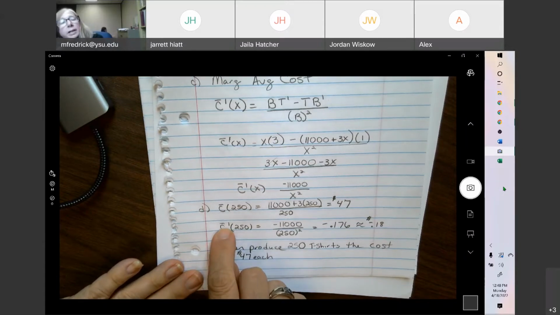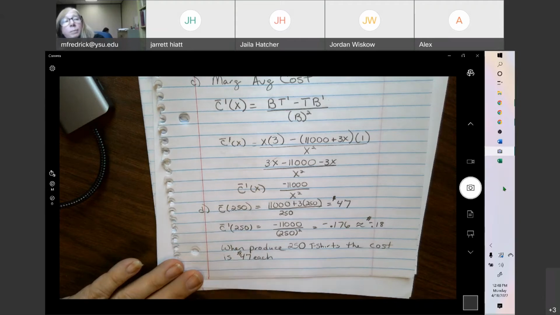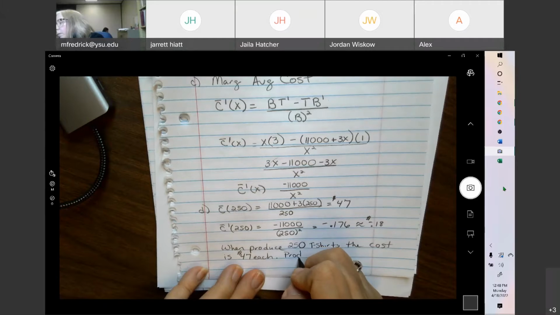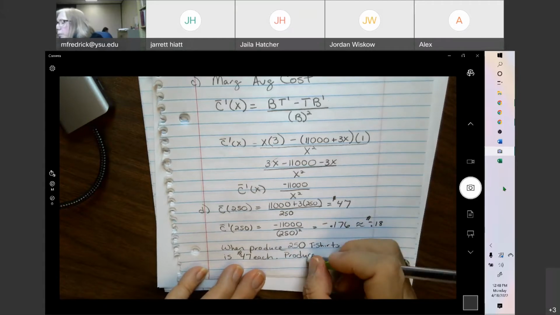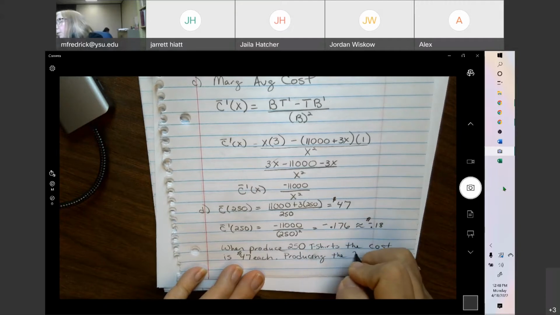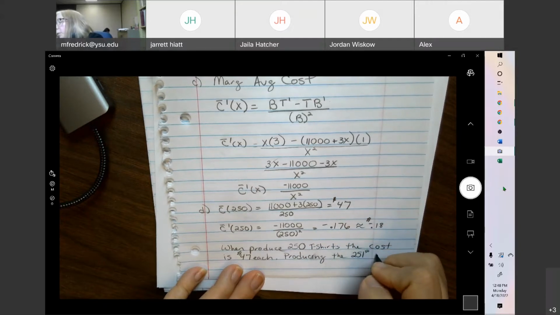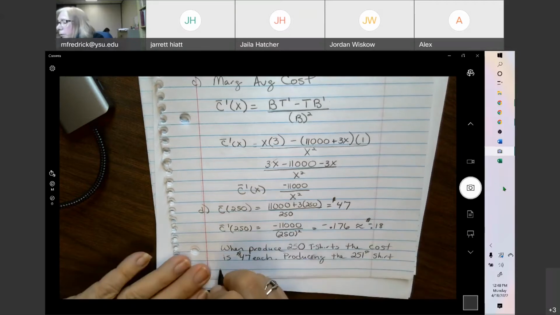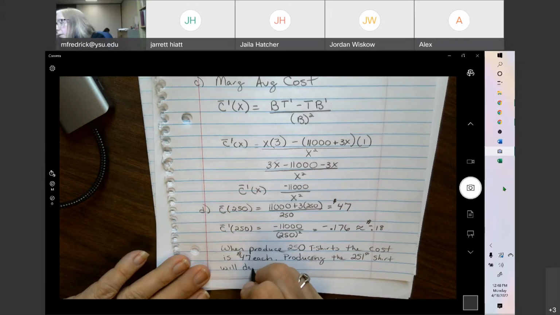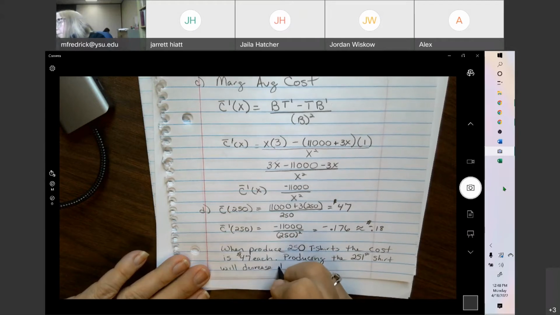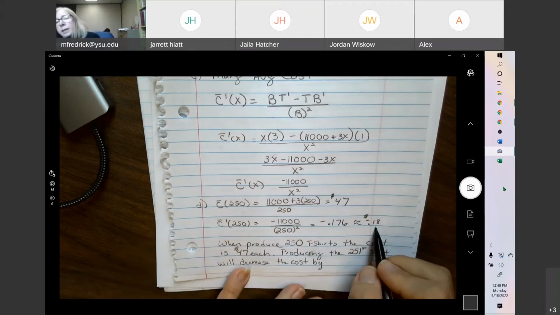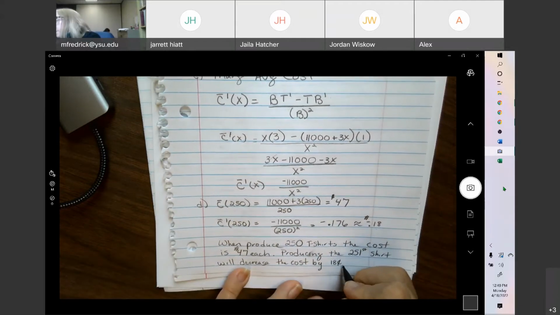This one's telling the rate of change. We're doing 250, if we did one more, producing the 251st shirt will, this is negative, so decrease the cost by 18 cents per shirt.